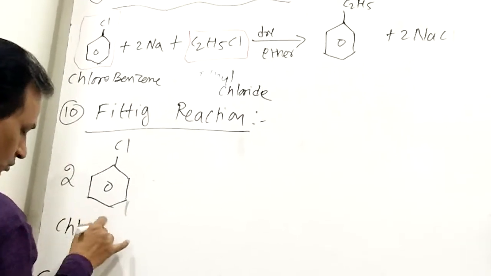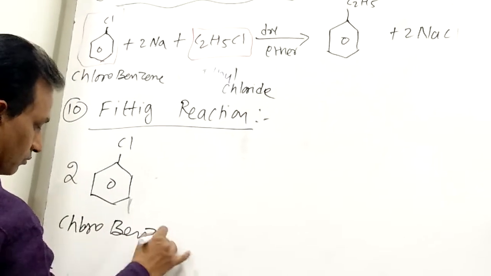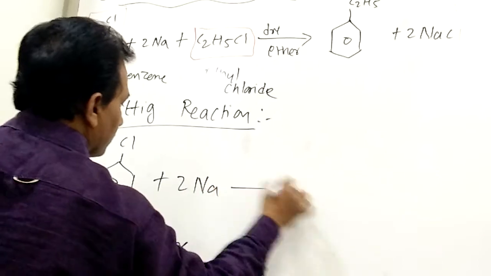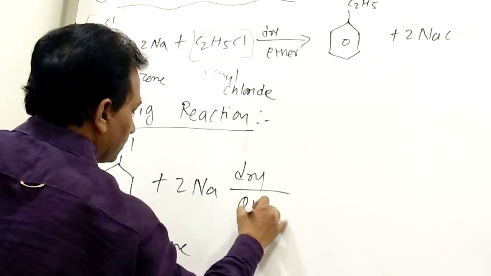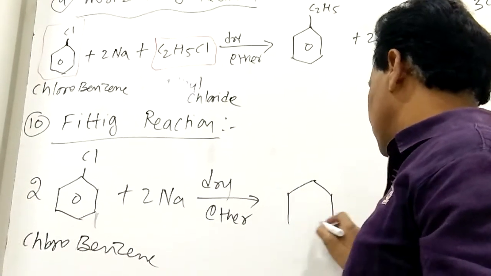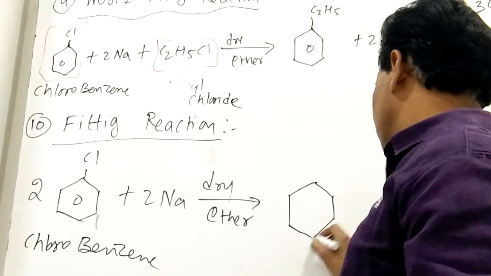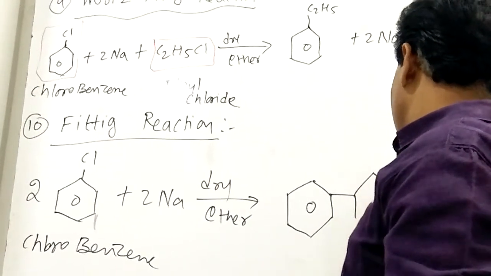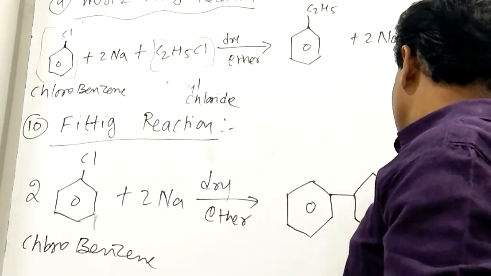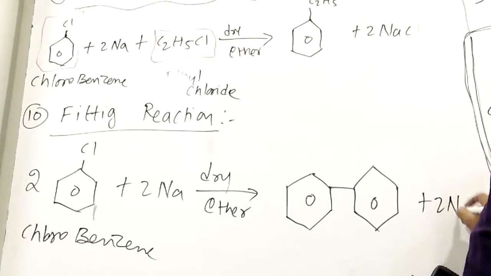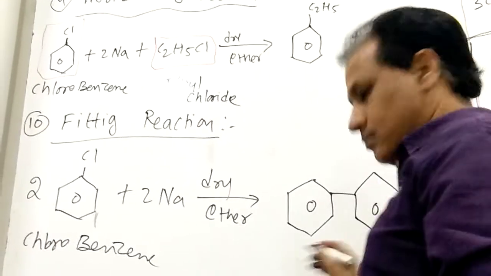Chlorobenzene plus 2Na in dry ether. What is formed? Diphenyl.